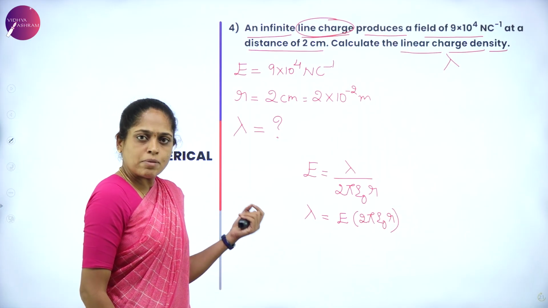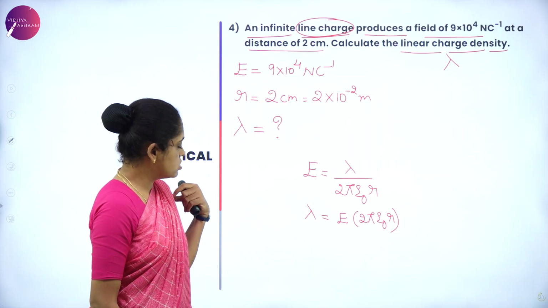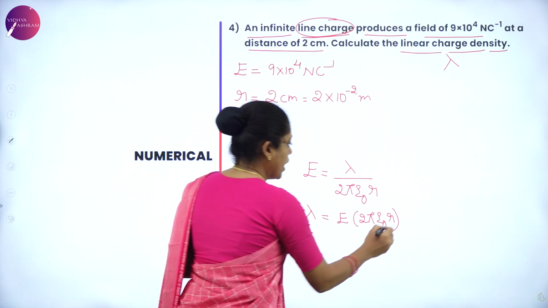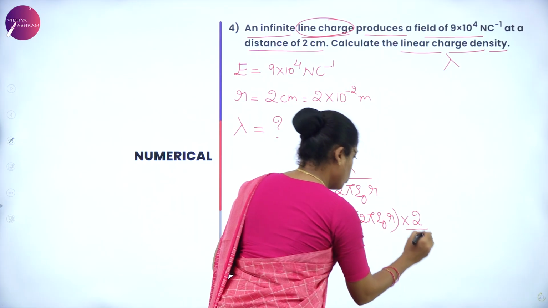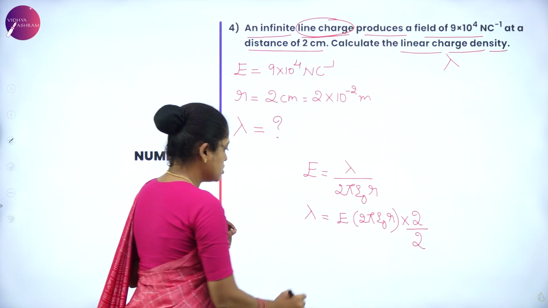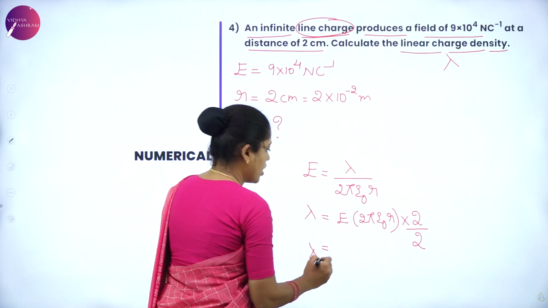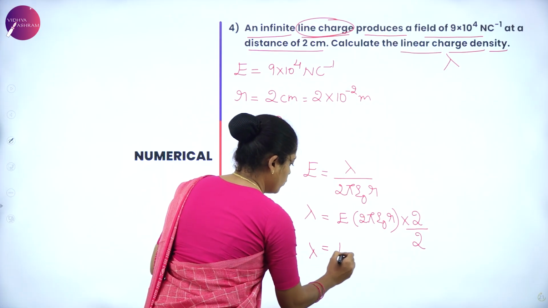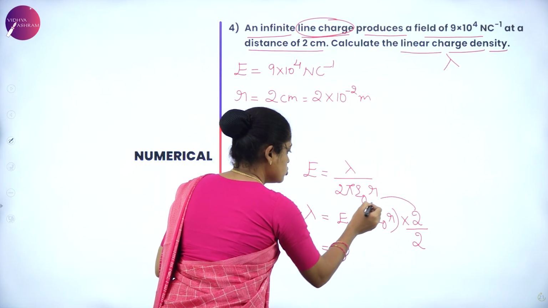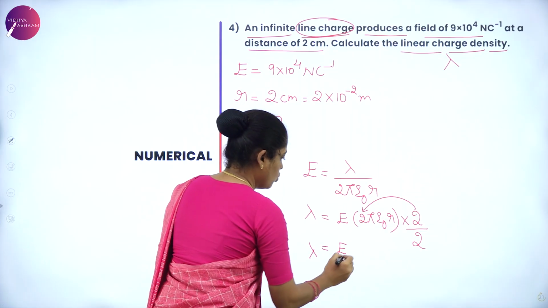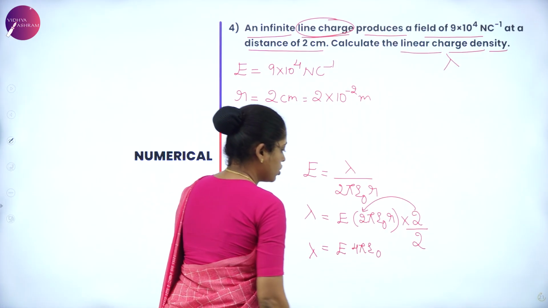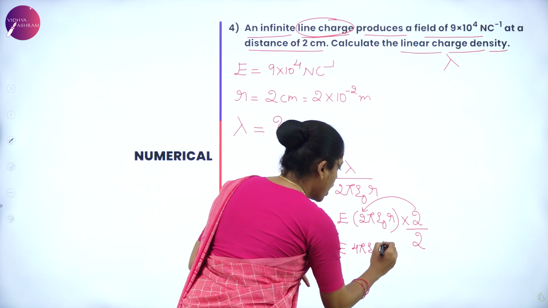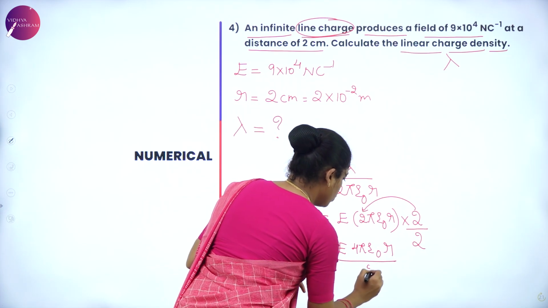Now instead of substituting the values, I multiply it by 2 and divide it by 2, so we have lambda is equal to E into 4 pi epsilon naught r divided by 2.